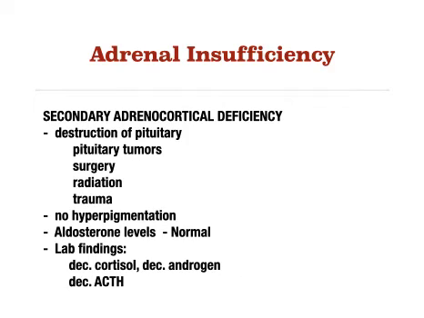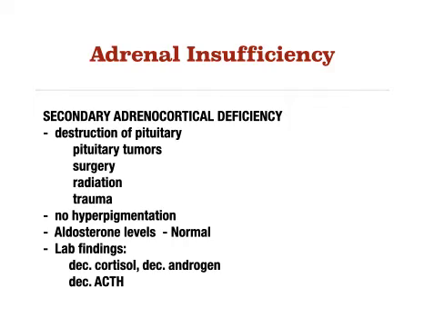Now, there are also many causes of secondary adrenocortical deficiency, and it's mainly due to destruction of the pituitary gland, either in the presence of a tumor there or following surgical intervention for a primary tumor in the pituitary gland, radiation therapy, or trauma to the gland.